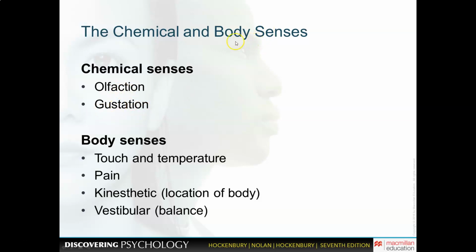Now we have what's called body senses, and there's four of these here. There's touch and temperature. There's pain. Then we have what's called kinesthetic. That is the location of our body.